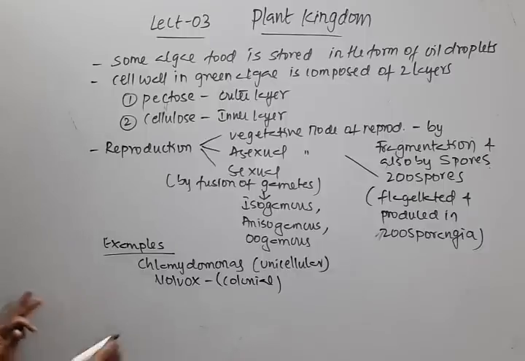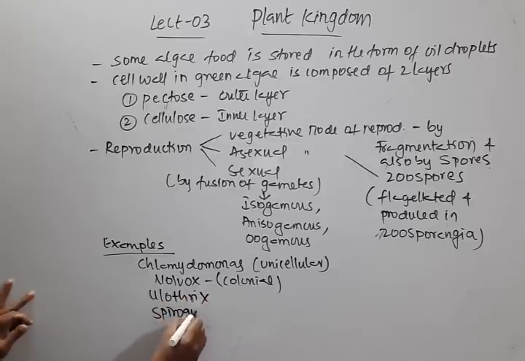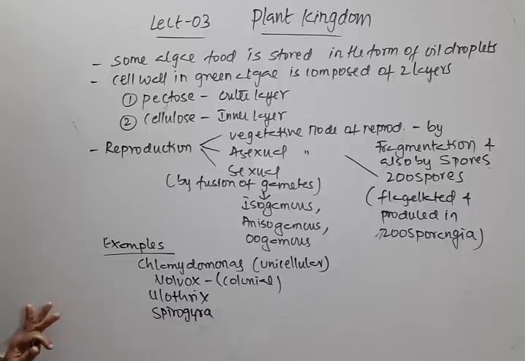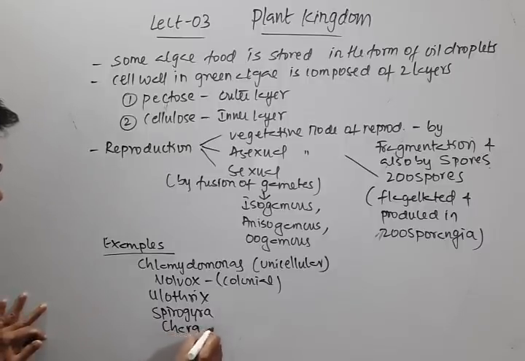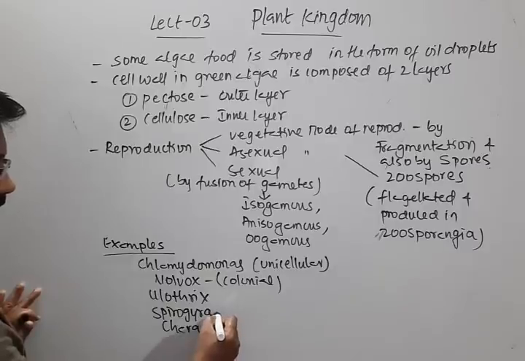And then Ulothrix, Spirogyra, and then we have Chara, etc. are some examples. Here we can see that Spirogyra is a filamentous form.